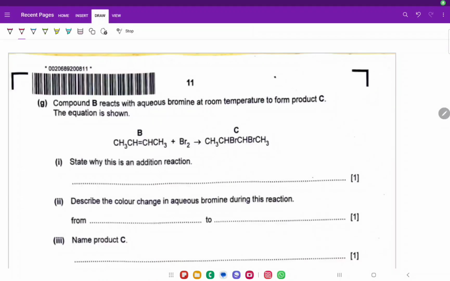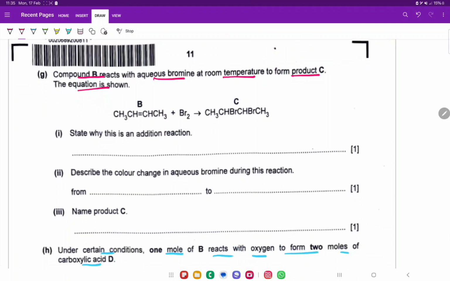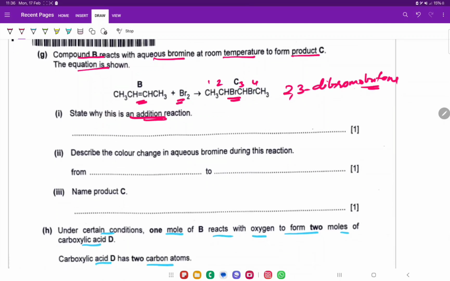The next part of this question: compound B reacts with aqueous bromine at room temperature to form product C. The equation is shown below, in which bromine reacts with but-2-ene to form 2,3-dibromobutane. This is the name of this compound. State why this reaction is an addition reaction.